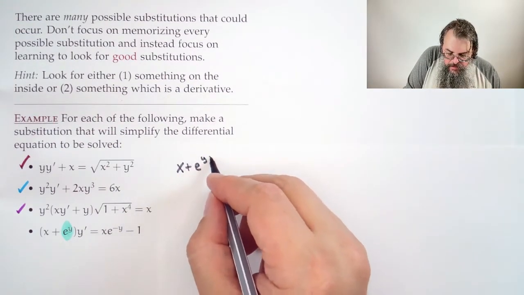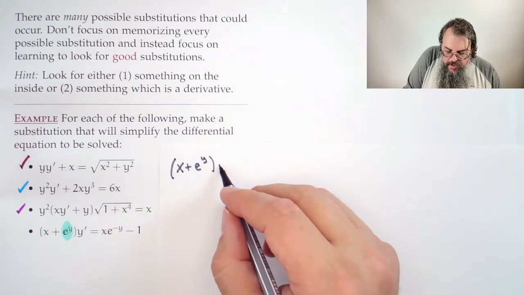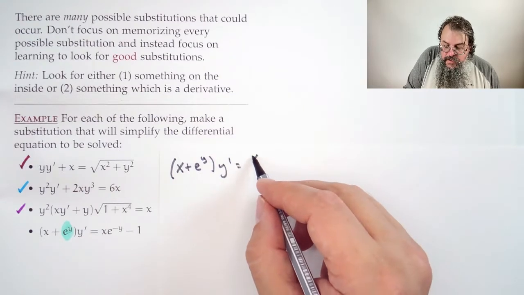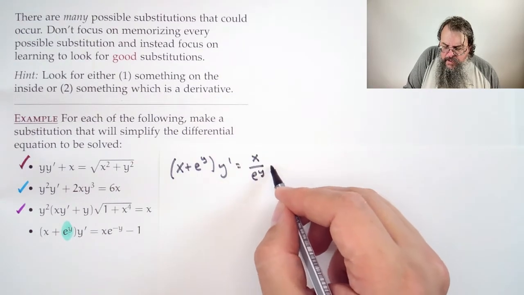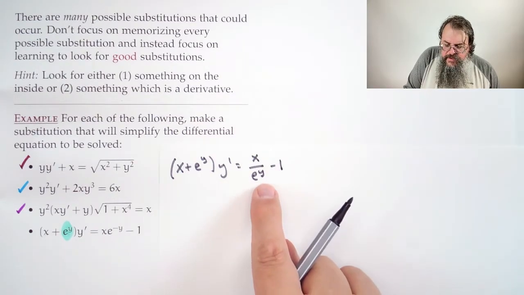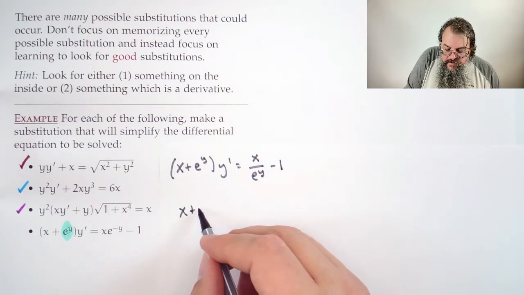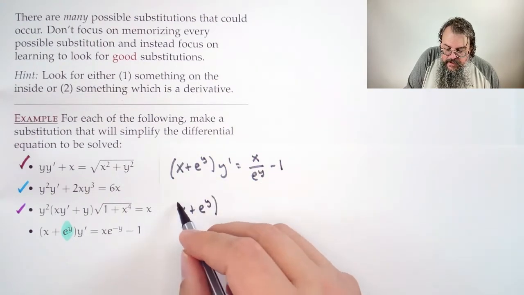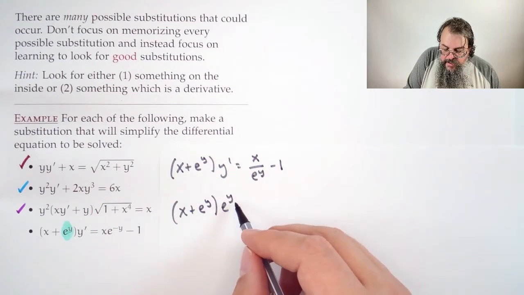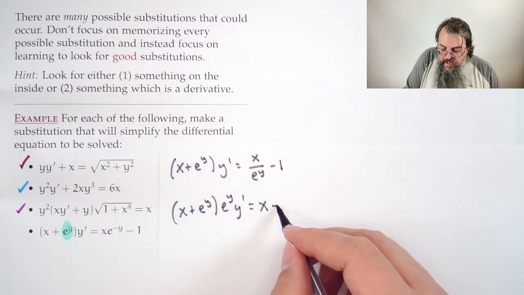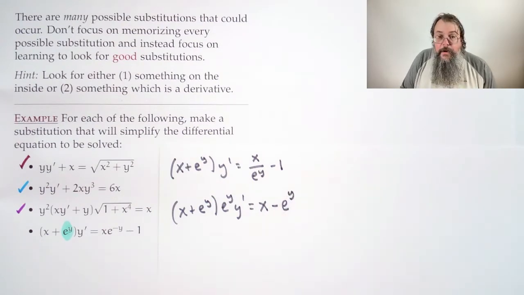So let's think about what we have. (x + e^y) y' equals x e^(-y) minus 1. Now, e to the minus y is like 1 over e to the y, so let's get rid of that fraction. We'll multiply everything through by e to the y. So we get (x + e^y) times e^y times y' is equal to x minus e^y.